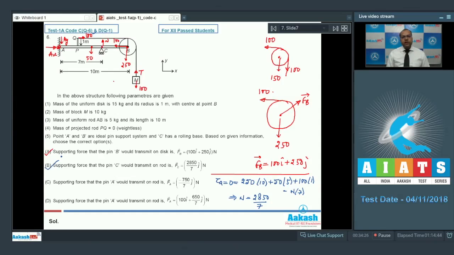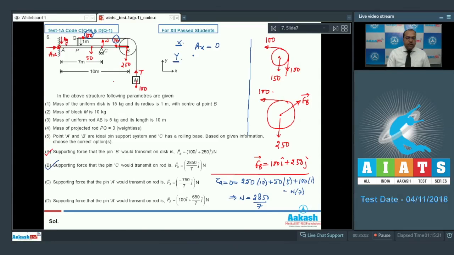Let's check the validity of options C and D. In option C, the supporting force that the pin A would transmit on the rod. In order to calculate A, if I write the equation in the X direction for translational equilibrium, then this 100 force will get cancelled out in the X direction, so the value of AX comes out to be 0.